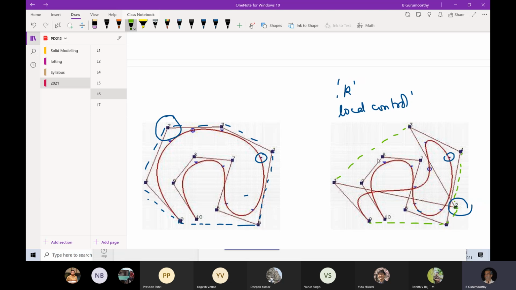Now, the nice thing about the B-spline, right, is that not only does it satisfy the convex hull property for the entire curve, but there is a tighter convex hull property, which is that each of the n minus k plus 2 segments lies inside the convex hull of the k points defining that segment.